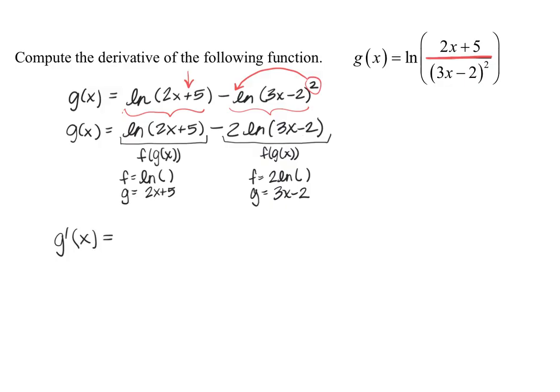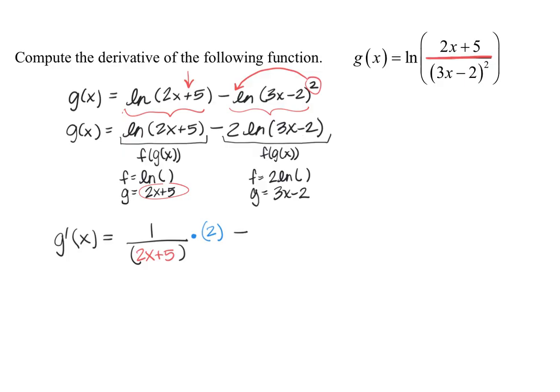So just writing my outer and inner functions so that I can see the chain rule in action. So now we'll compute our derivative. So the derivative of the natural log of something will be 1 over something. And then we're always going to insert the original g function, which is the original inner function. So that's 1 over 2x plus 5. And then we do our chain rule and we chain on the derivative of the g function, and the derivative of 2x plus 5 is just 2.